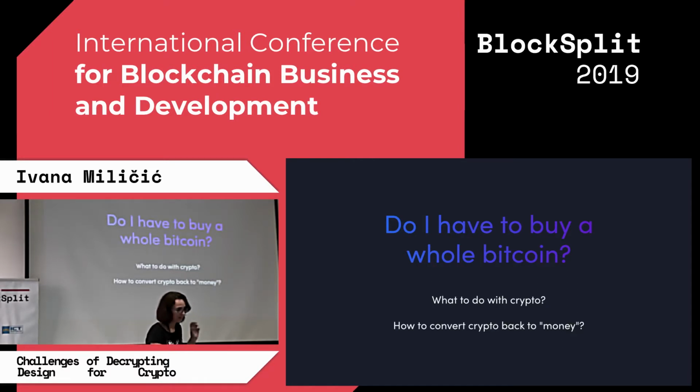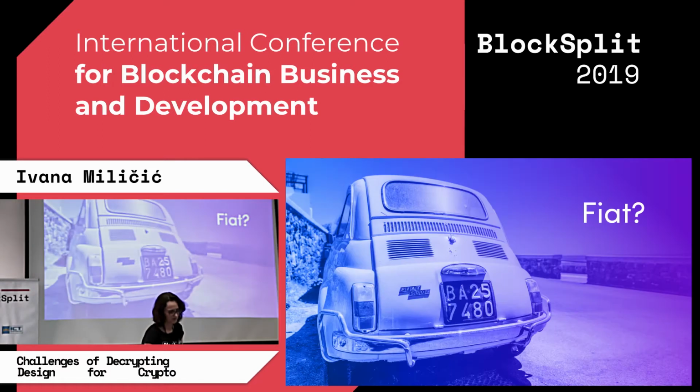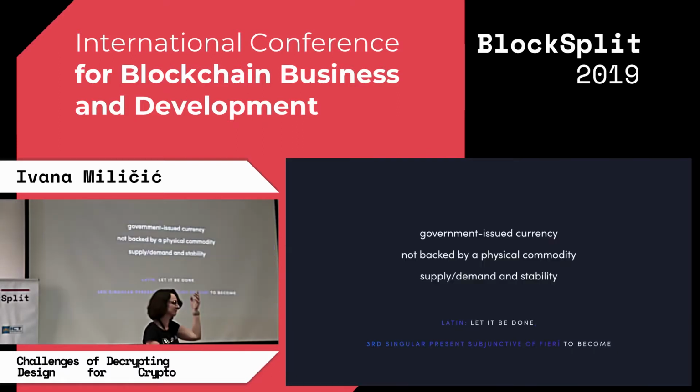And those are the main things that are running in a user's mind. And so when you say fiat, that's what they think. Not fiat money, you know everything about that. But your potential user, when you say fiat, they say fiat, okay?